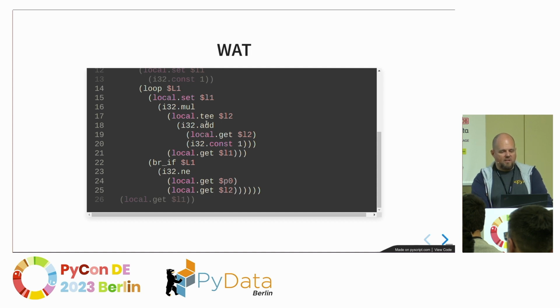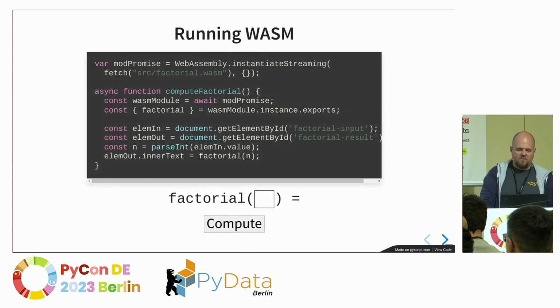Inside the loop, for example, this is i plus 1. We get the local variable L2, which was i, we add 1 to it, then we multiply it with res, and we store it again, and so on. So this is WebAssembly. I'm not going into more detail than this, because we would need 2 hours. But at least you have a brief understanding of what it is.